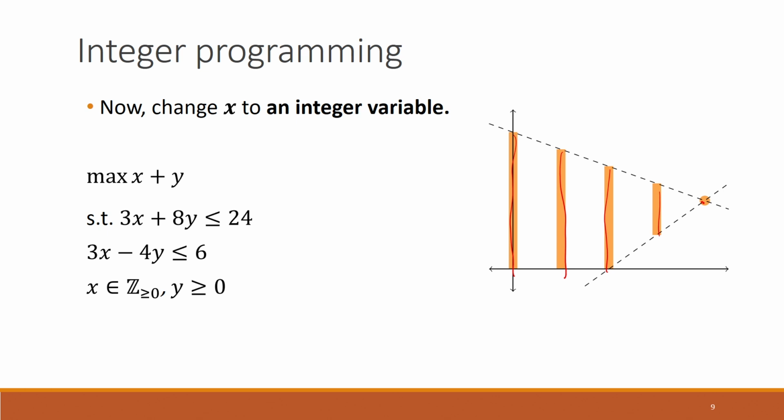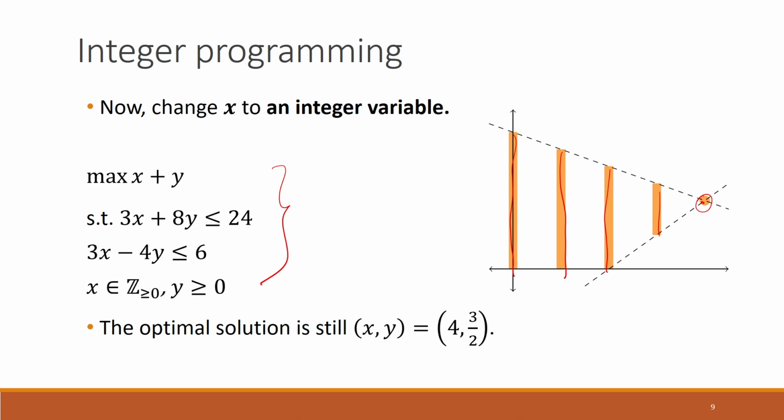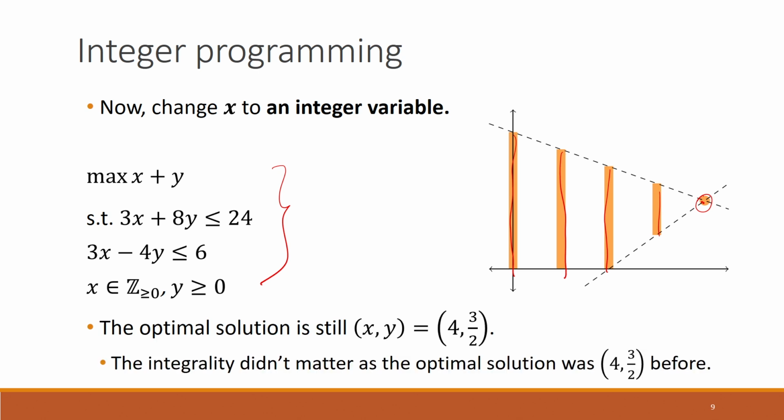And since it so happens that this point is still a feasible point for this optimization problem, the optimal solution is still this (4, 3/2), okay. And this is the case where the integrality did not matter in finding the optimal solution. So, even though we made one of the variables x take only integer values, the optimal solution still remained the same as when all the decision variables were allowed to be continuous.